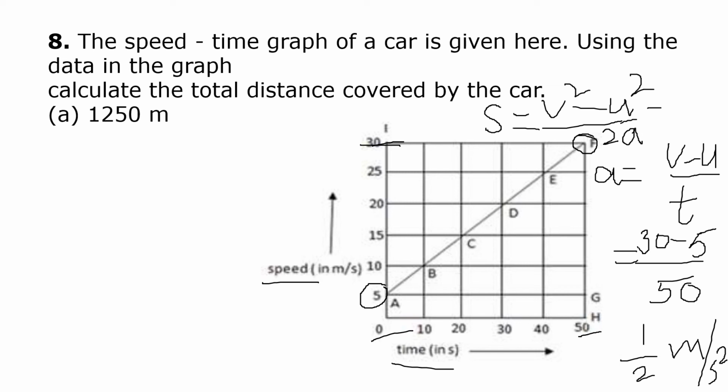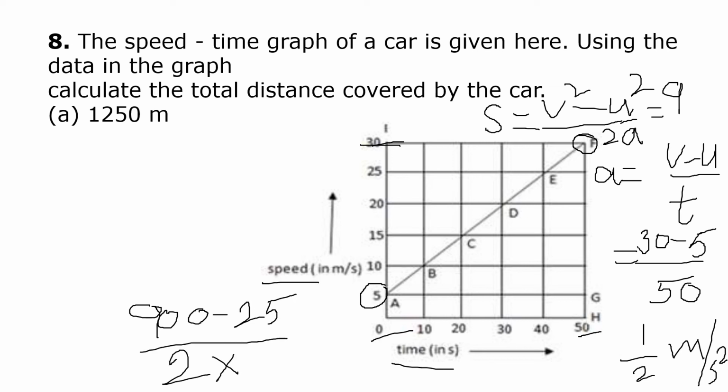So v square is nothing but 30 square, which is 900. 900 minus u square, which is 5 square, 25. 900 minus 25, divided by 2 multiplied by acceleration, 2 into 1 by 2, which means 1. So 900 minus 25 gives 875.